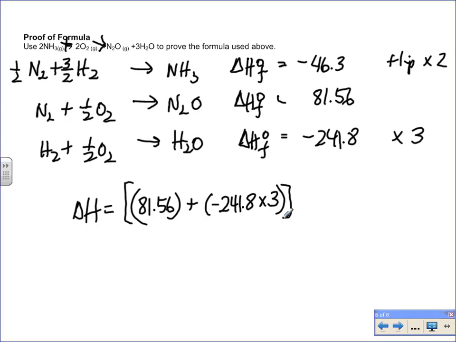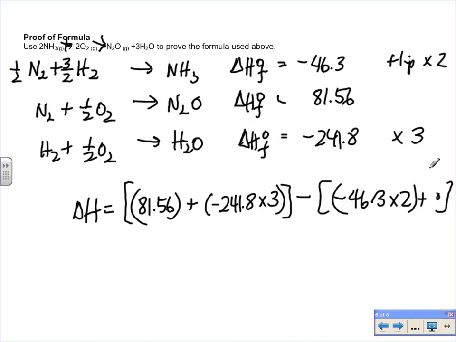And then this one, the NH3 being a reactant, was the one that we needed to flip, and that caused the sign to change. So anything that is a reactant needs to be subtracted. Okay, and there was no part of oxygen.